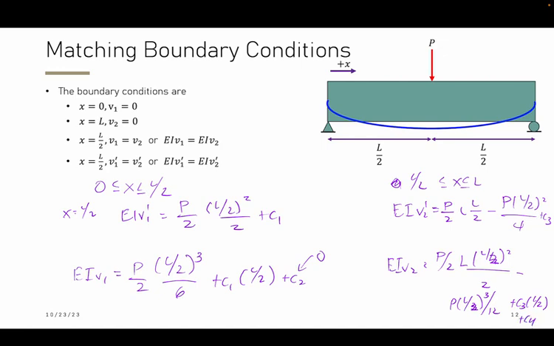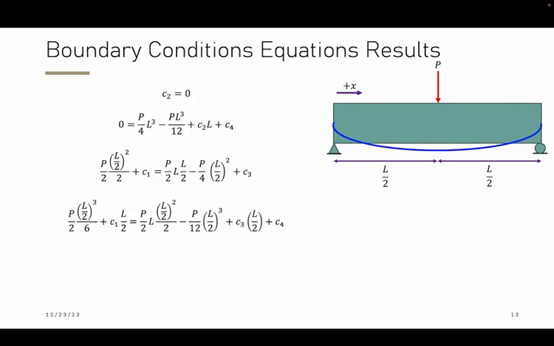So if we set these equal to each other, then our equations look like this. Now we have 4 equations and we know C2. So we have 3 equations and 3 unknowns, and we can evaluate this by solving for C1, C3, and C4.